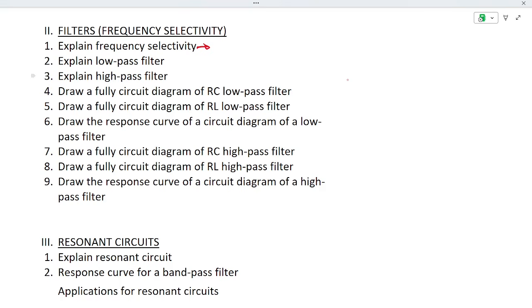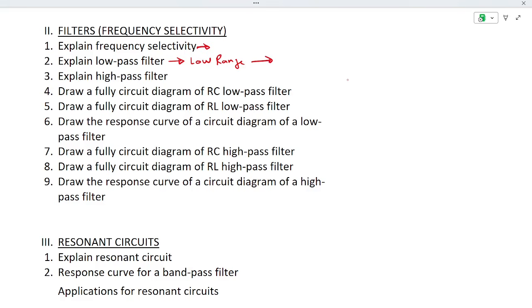Explain low pass filter. A low pass filter is the ability of a circuit to select low ranges of frequency and reject the high range of frequency.